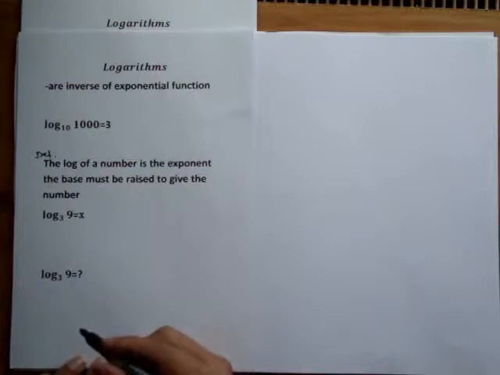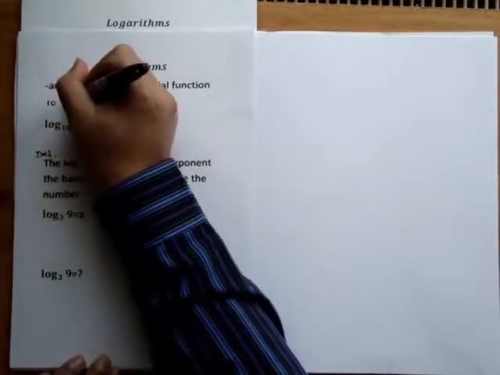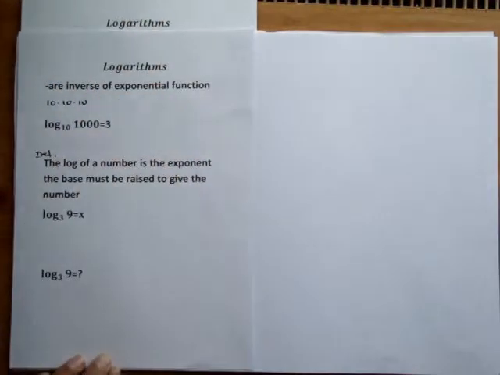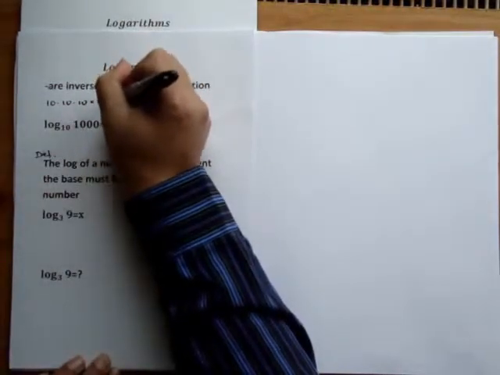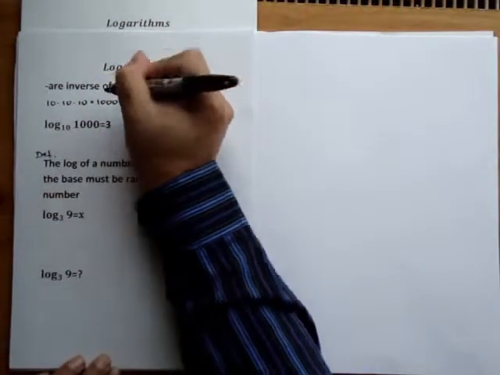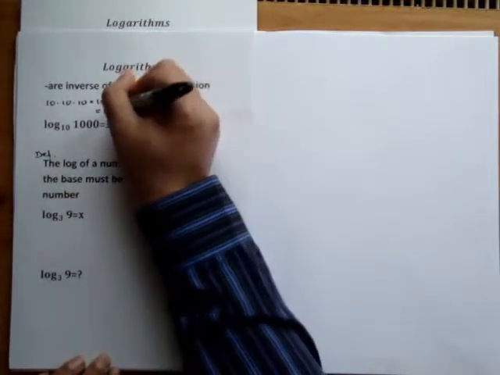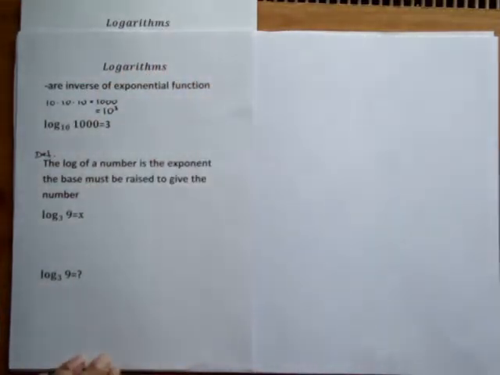So if we have 10 times 10 times 10, that's 3 lots of 10, that's 1,000. We write that in exponential form as 10 to the power 3.